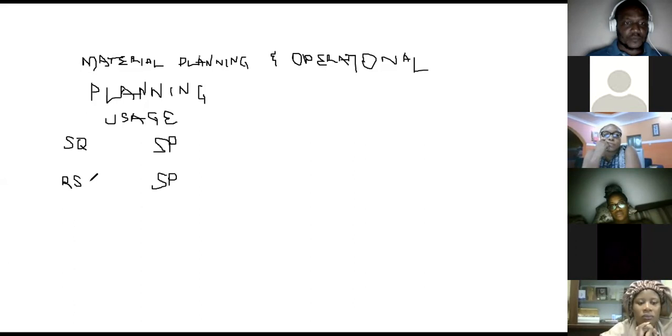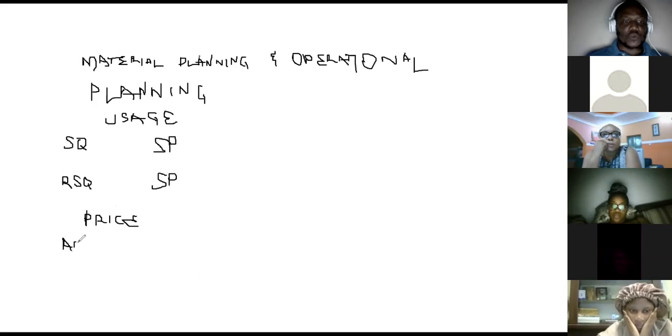So that's what we had written earlier on. And then for our price, our quantity is not affected, only price. So we can just come and put our actual quantity from the original pro forma.